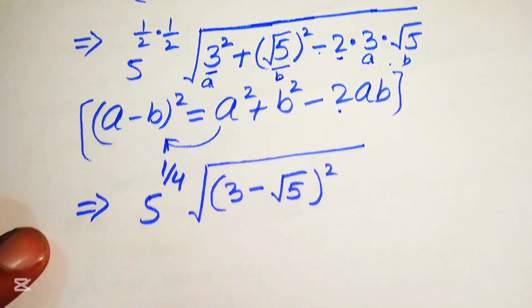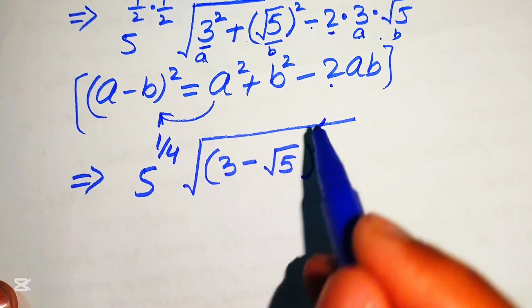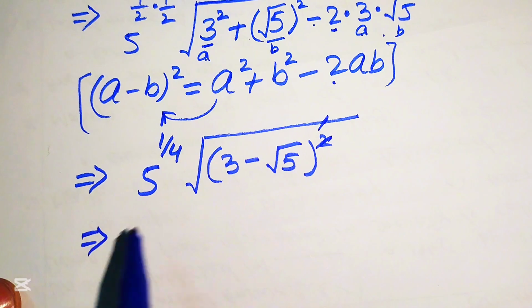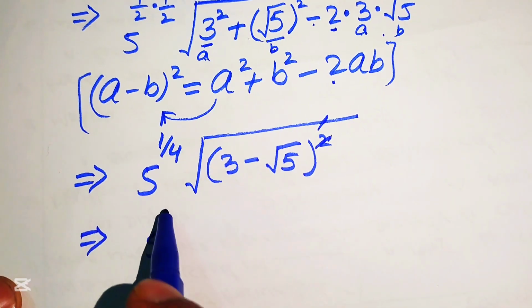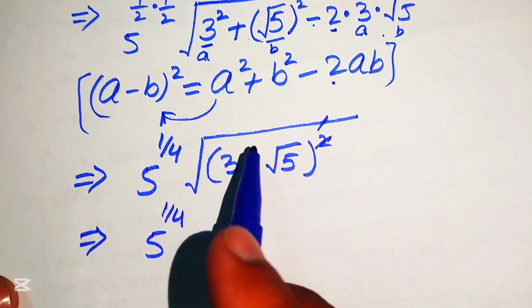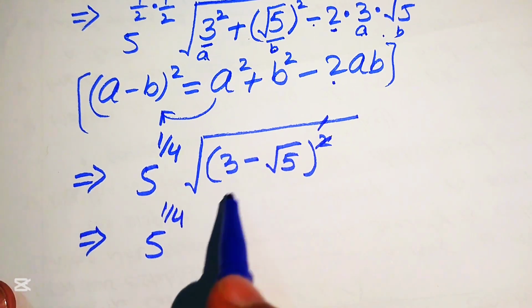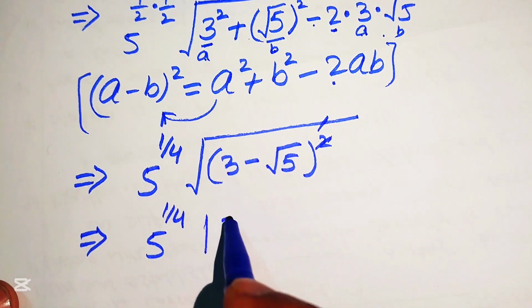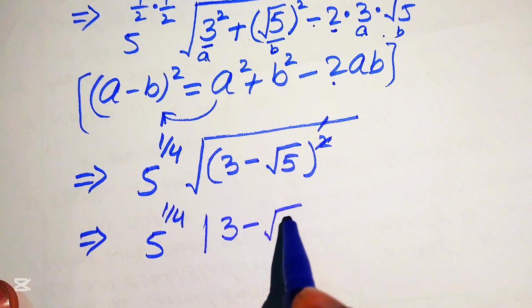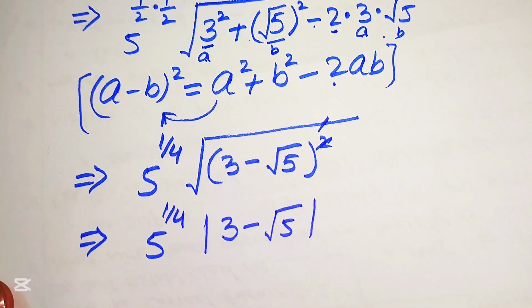So now after this step, the 2 and square root are gone, and when we cancel this term, the remaining term is positive, because we know that inside the square root sign is always a positive value. So we write this as 3 minus square root of 5 mod.